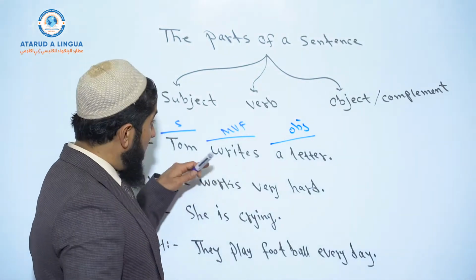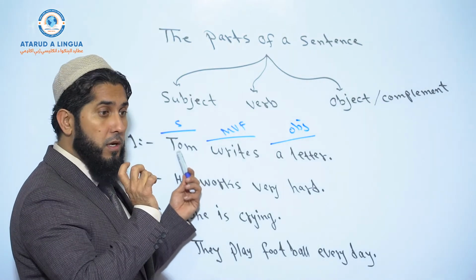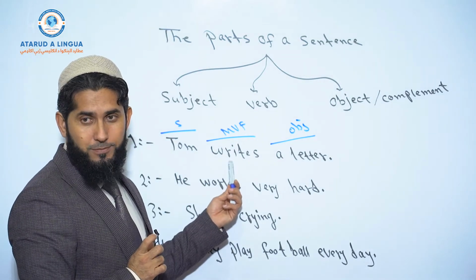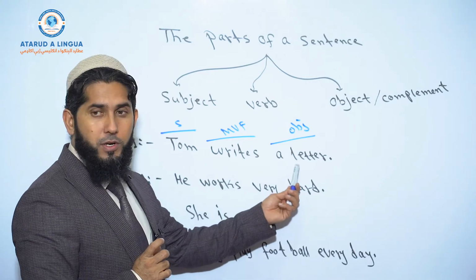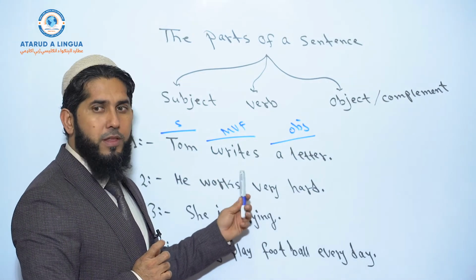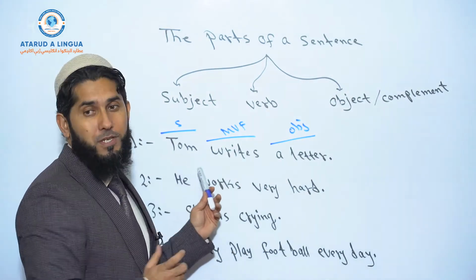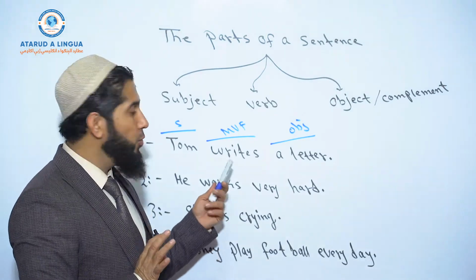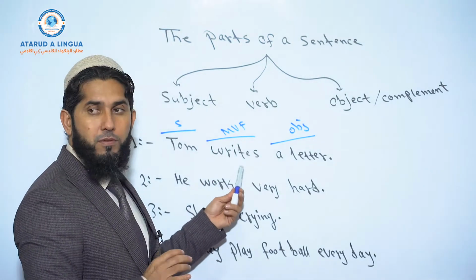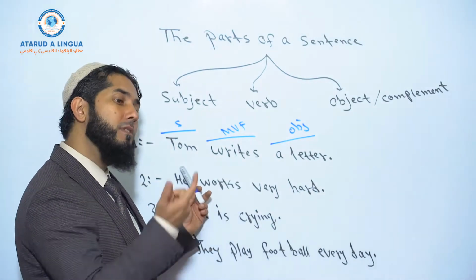So now, according to this sentence, the subject, Tom, is the doer of this action. And a letter is the receiver of this action. Okay? And the verb shows the action of the subject. You see that? What is the responsibility of the verb here? It shows the action of the subject.